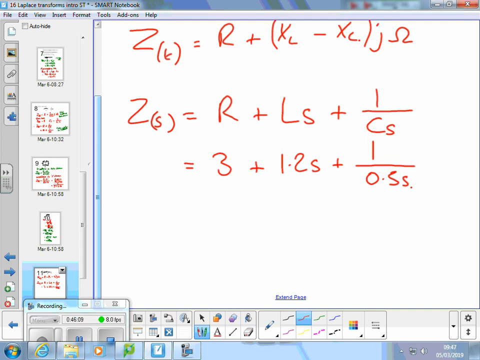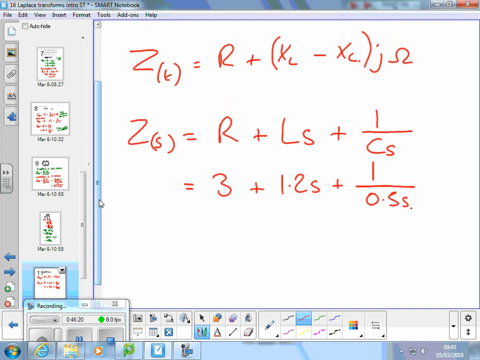So how do we get a common denominator here? How could I get that fraction so that it was just s on its own? Divide it by 2.